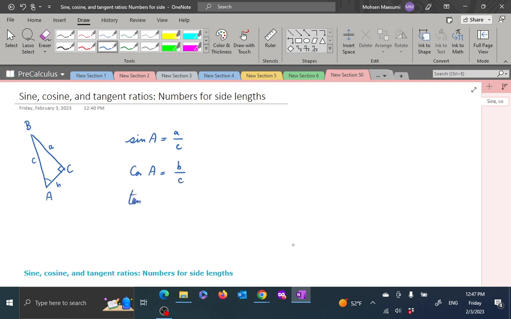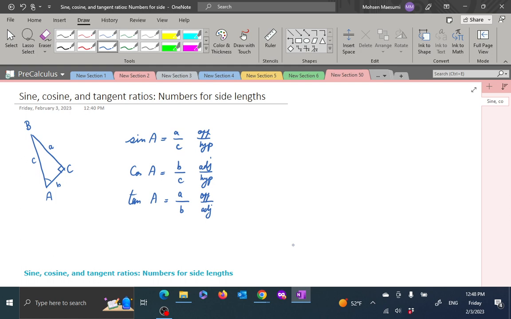Tangent of angle A is the ratio of its opposite divided by its adjacent. So these are always opposite over hypotenuse for sine, adjacent over hypotenuse for cosine, and opposite over adjacent for tangent.